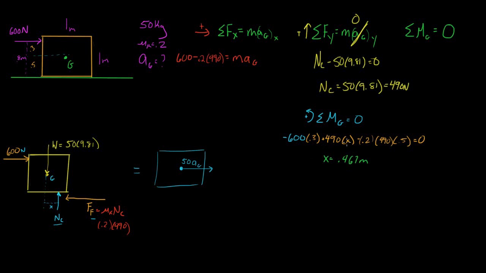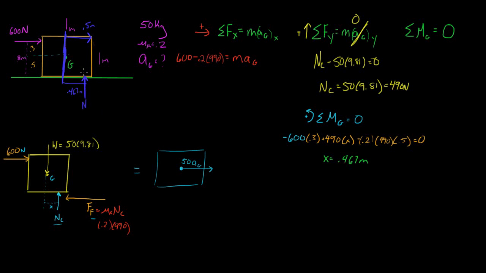And this is good. This means that this box slides and it doesn't tip. If we had looked for x and x was greater than 0.5 meters, I say 0.5 because this is what we're calling our 0 right down the middle. And from here to here is going to be half of 1 meter, or 0.5 meters. So this is saying that our normal force is acting right here, which is 0.467 meters away.